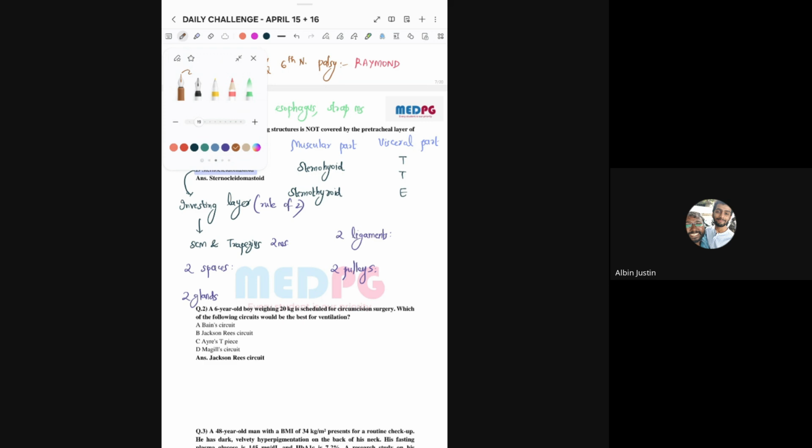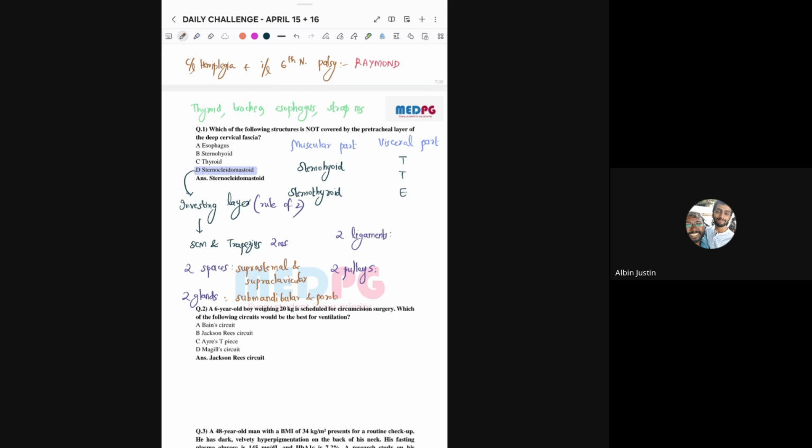Just to revise: two spaces, the suprasternal and the supraclavicular. Two glands, the submandibular and the parotid gland. Two ligaments, the stylomandibular and the sphenomandibular. Two pulleys, the omohyoid and the digastric muscle.